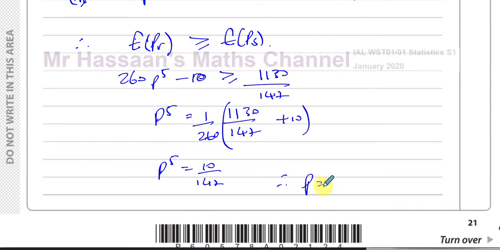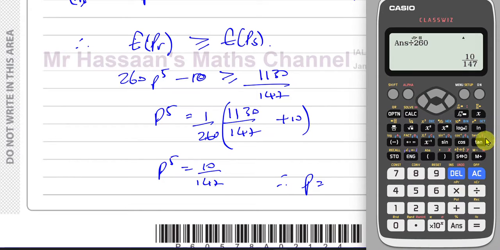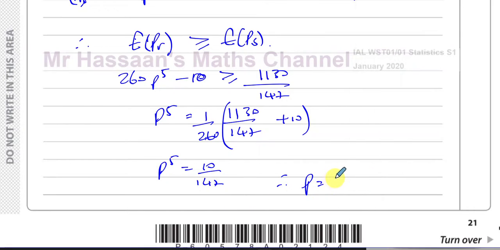Therefore, p is equal to the fifth root of that. So we take the fifth root of our answer. That gives us 0.584, 0.58416, goes on like that.